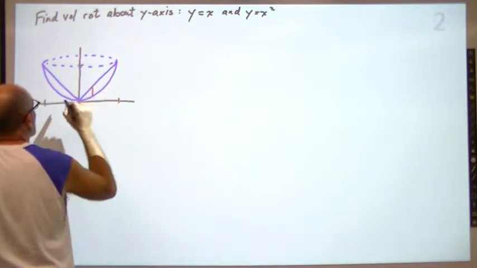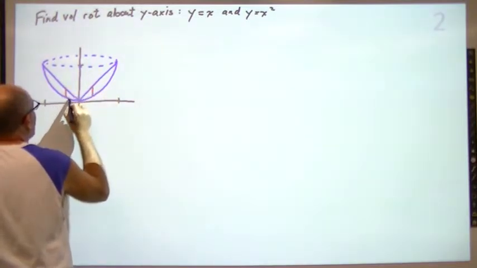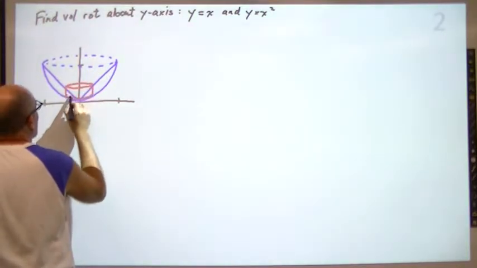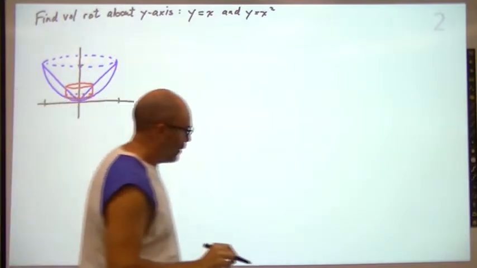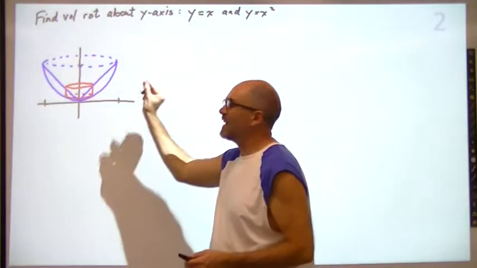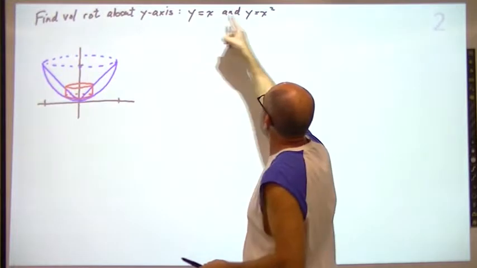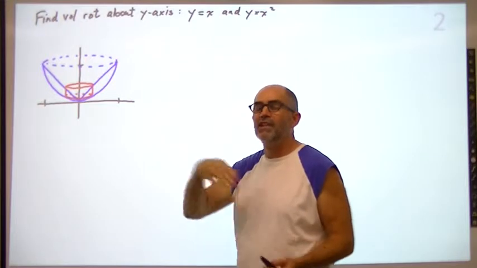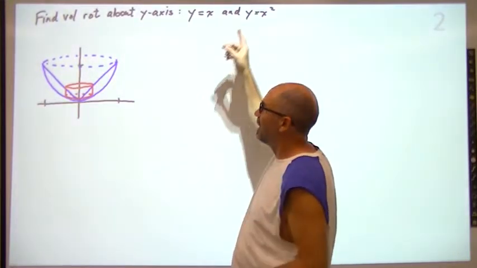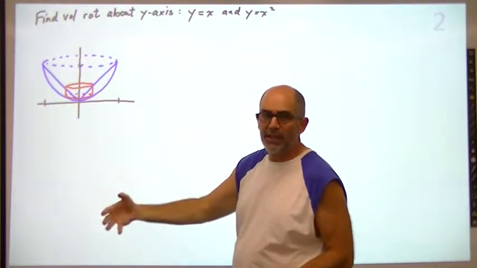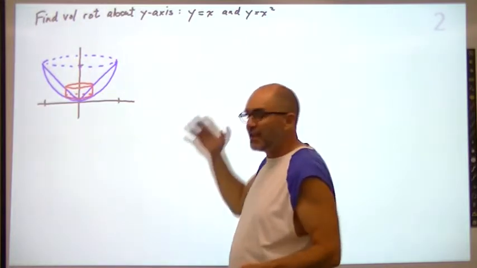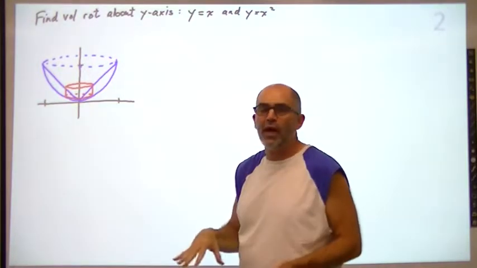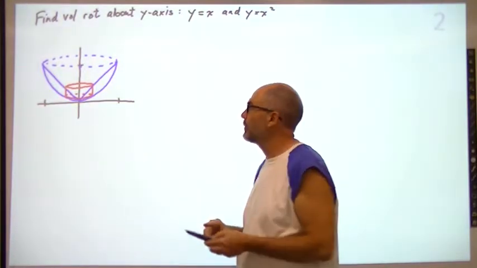See, here's one shell right here, and it's going to rotate around like this. So notice our shells now give us a dx thickness, and y is a function of x. So that's handy. We don't have to change it. Now, like I say, this is easy to change, but the example we did first was impossible to change. And you're going to have some situations where you can't get x as a function of y, because it's just such an ugly function.